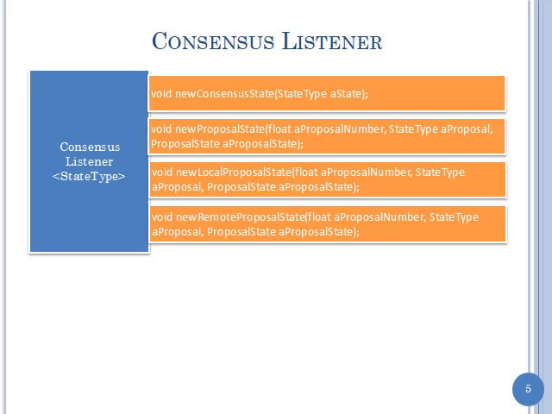So new consensus state gets called whenever we have consensus about a new state. New proposal state will be called whenever we have consensus about a new state, sure. Can it be called at other times also? When the proposal just came out, that it's a new proposal state of pending, perhaps, we can call, sure.